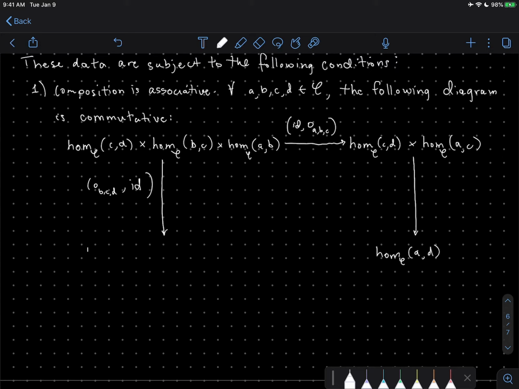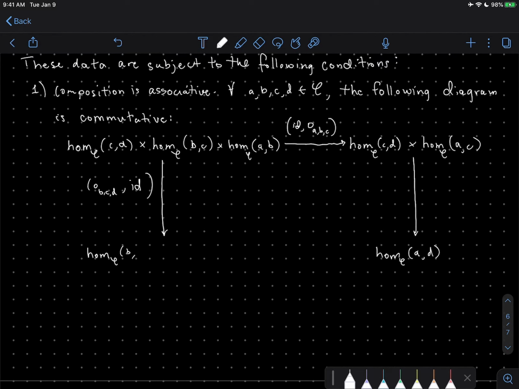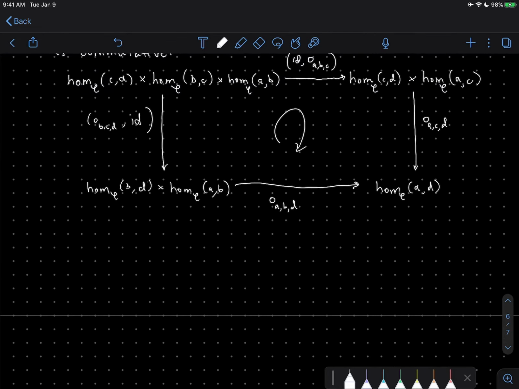And that will take us to the Hom set from B to D cross Hom from A to B. And then let me just make sure to label that, A, C, D. And then this is the composition A, B, D. All right, so we ask for this square to be commutative.